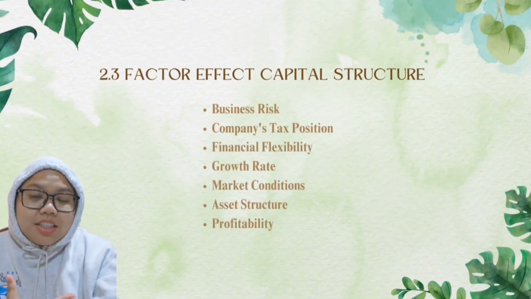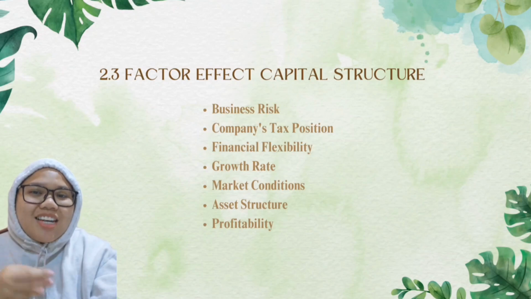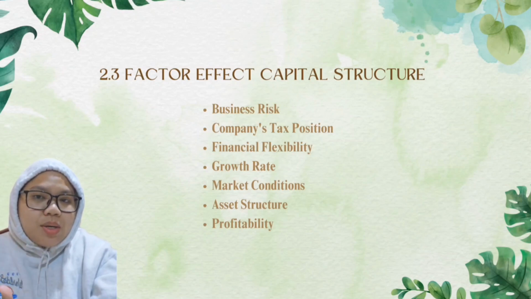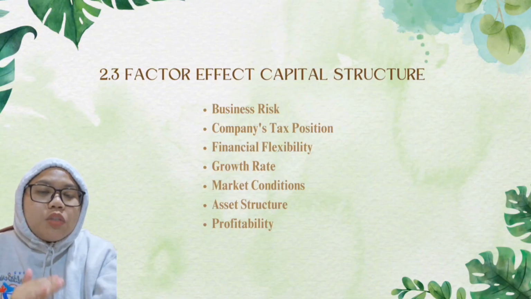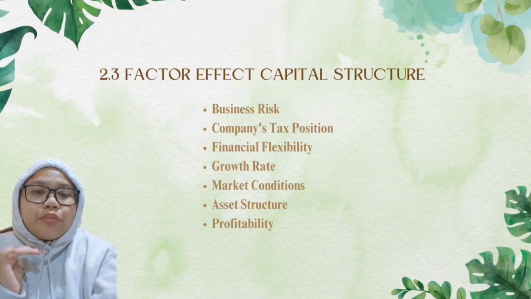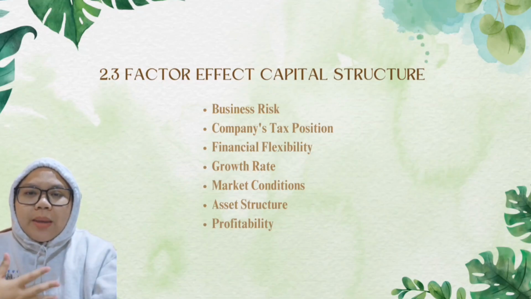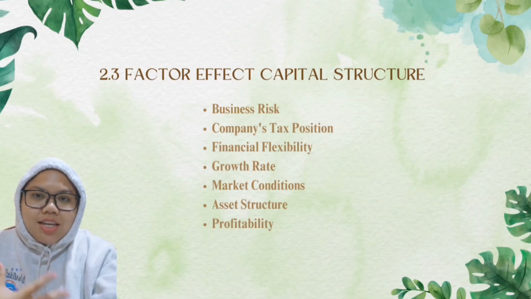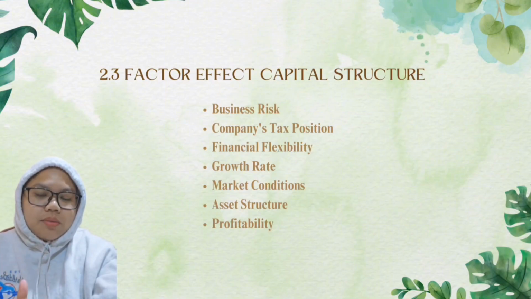Next is factors affecting capital structure. The capital structure is the appropriate arrangement for allocating funds while considering the firm's future operations and growth. The purpose of capital structure is to strategically raise finances for an organization's development.